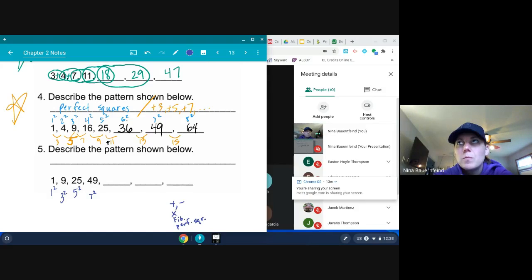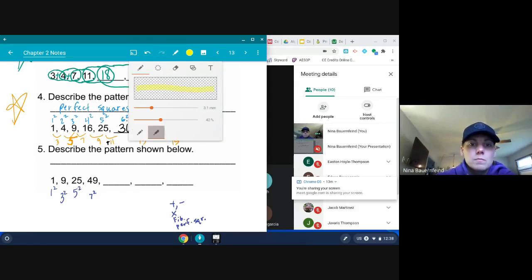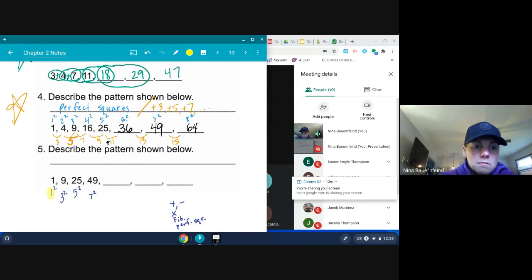What would come next on the bottom in blue? See how we go 1, 3, 5, 7. What's going to come next?